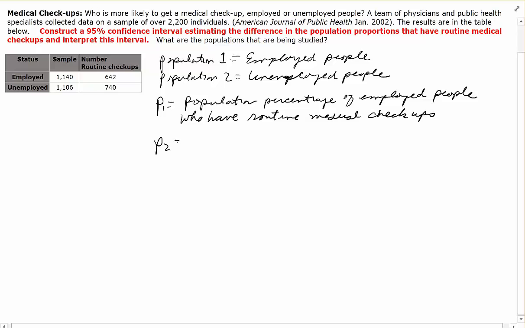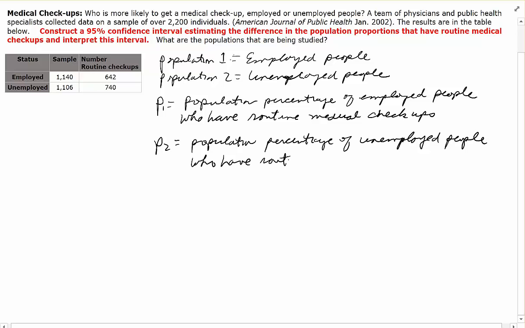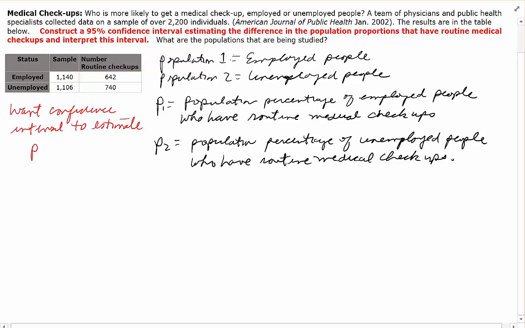and P2 be the population percentage of unemployed people who have routine medical checkups. I want the confidence interval to estimate P1 minus P2.